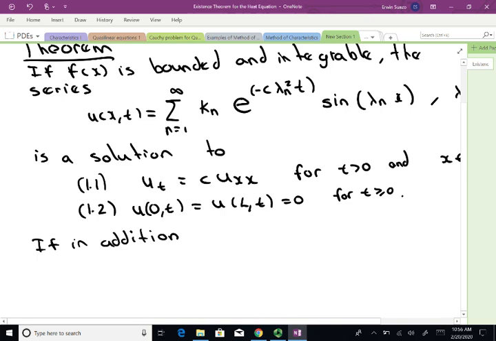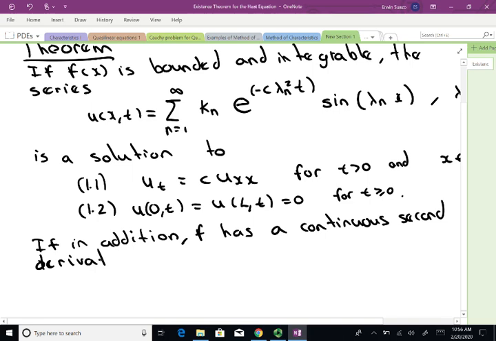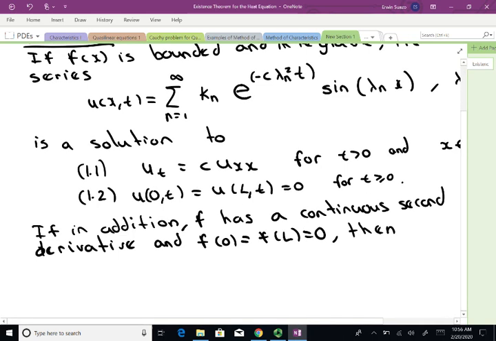Okay, if in addition f has a continuous second derivative and f of 0 equals f of L equals 0, then u(x,t) from the series, so let's call this guy star.